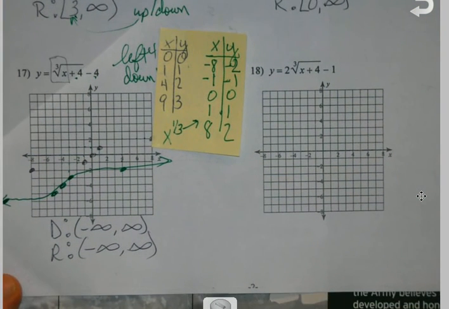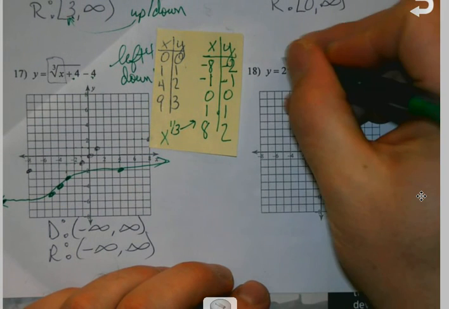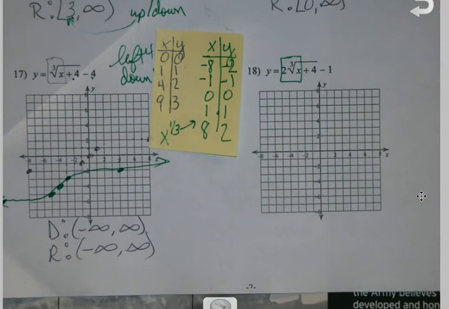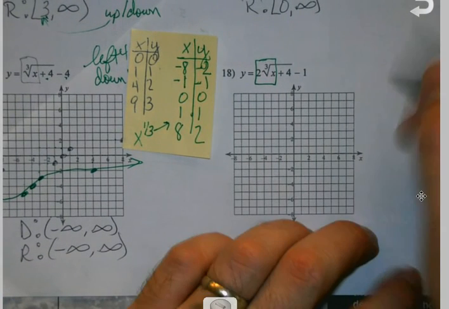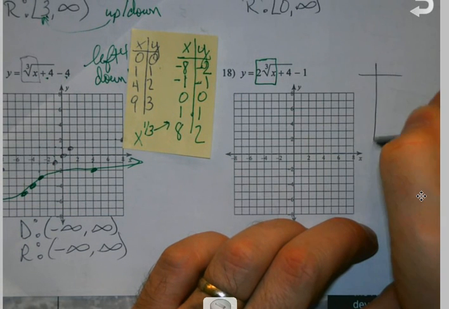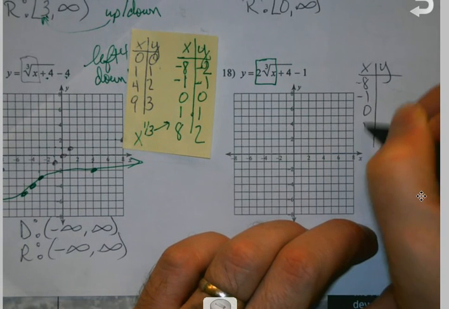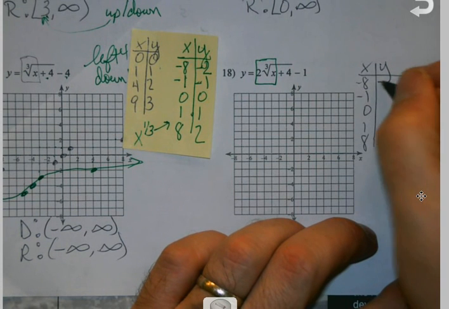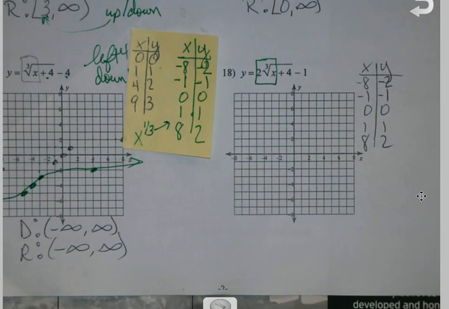And finally, to wrap things up, I do have a stretch on 18. So, scooch this over a little more so we can see. Get my base points working. Get my y values working.